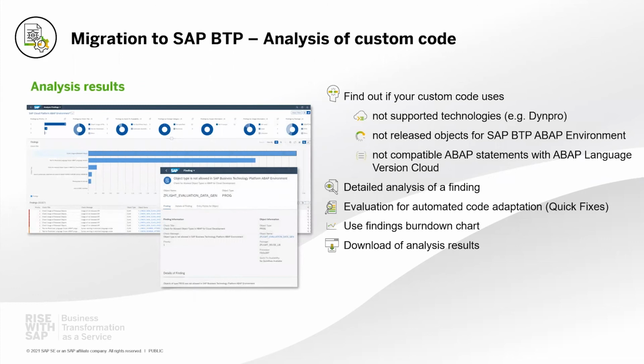And the analysis of custom code takes place for SAP BTP readiness, meaning the app is capable of finding out if your custom code uses non-supported technologies in SAP BTP ABAP environment, like, for example, DynPros, programs or transactions, or objects not released for SAP BTP ABAP environment, or also ABAP statements not compatible with ABAP language version cloud, since we reduced the scope of the ABAP language, providing the new ABAP language version cloud for the cloud, and removed the statements which are obsolete or which would harm the cloud operation.